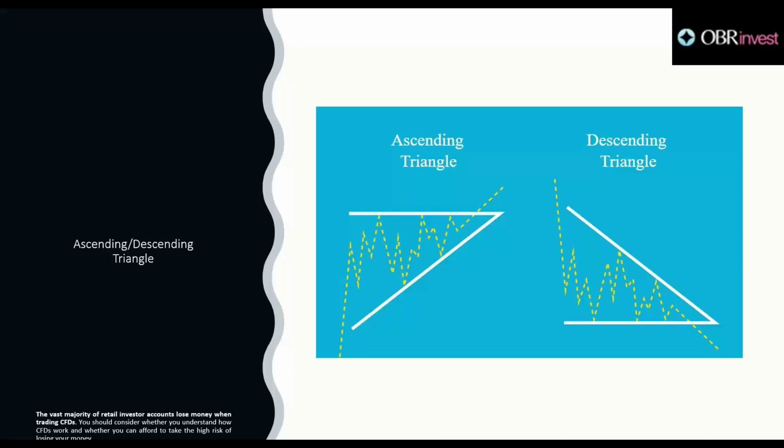Now, the other ones I mentioned are ascending and descending triangles. They're the exact opposites of each other, but the rules still apply. We're looking for the width of the base of the triangle to get the target. Now, they say an ascending triangle should be a continuation pattern upward. A descending triangle should be a continuing pattern downward.